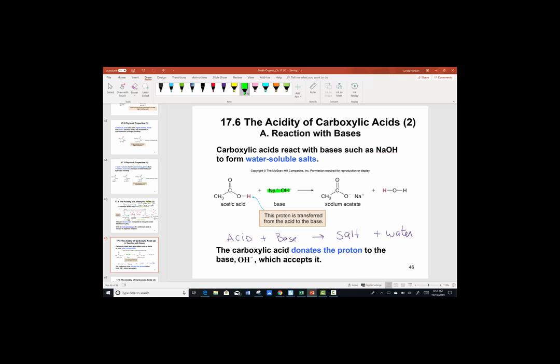Sodium hydroxide is a base because it has the OH negative ion. Now think of this general pattern. Let's call this acid compound AB, and I'm going to call the base compound CD. And all I'm saying is A is the positive, B is the negative ion in the acid.